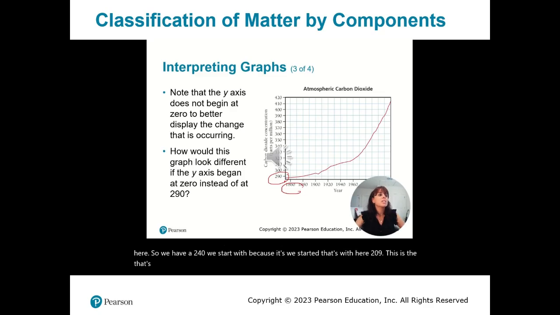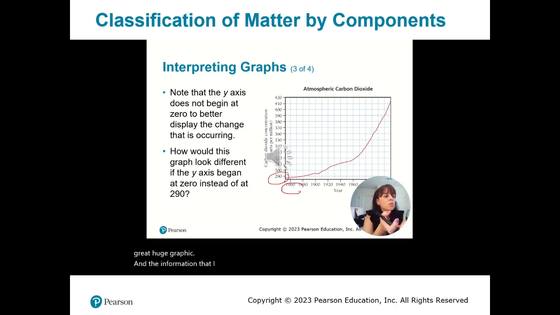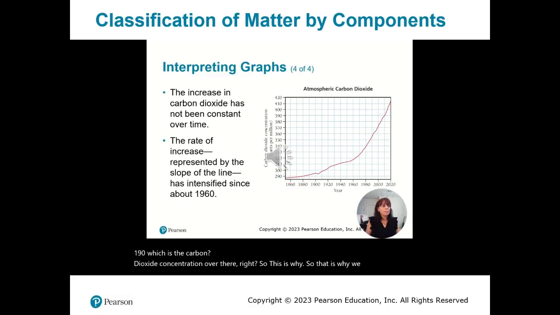So if I extend the graph until I get 0.0, I will have a huge graphic, and the information that I need is stored in 290, which is the carbon dioxide concentration over there, right? So that is why we don't begin with the 0 over there. So we see the rate is increasing, right?